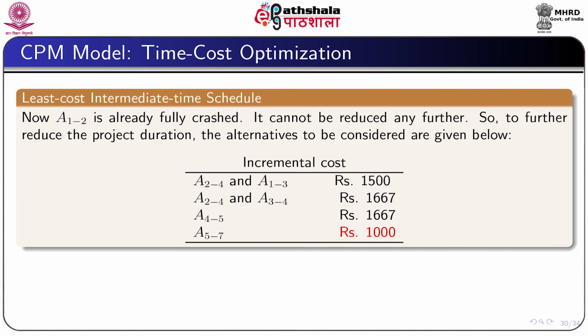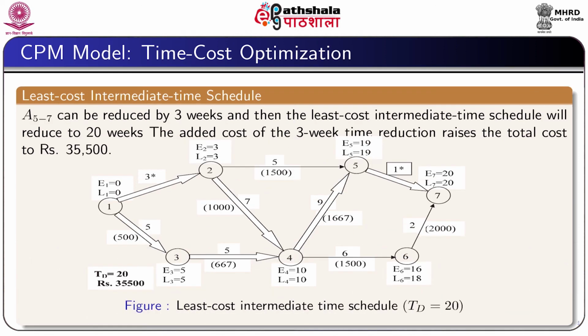Among these alternatives, activity 5 7 gives the most benefit. Therefore, activity 5 7 can be reduced by 3 weeks. Then the least cost intermediate time schedule will reduce to 20 units and the total cost rises to rupees 35,500.